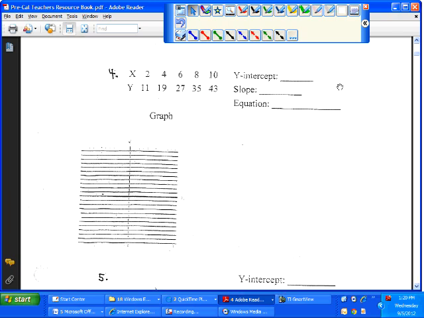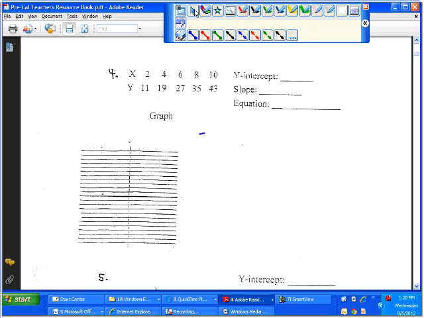Now this is the same kind of thing, except it doesn't give you the y-intercept, and we're going to show you how to mathematically calculate it because we need that skill. So we're going to begin here with finding the slope, and we know that to find the slope, we do the change in y over change in x. The first change in y is a gain of 8, and its change in x is a gain of 2.